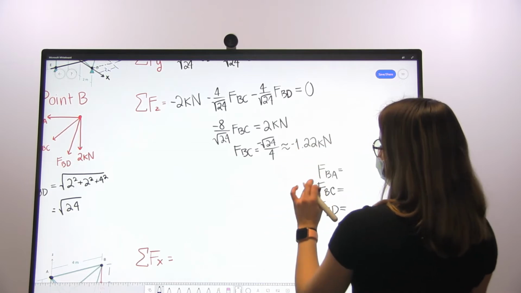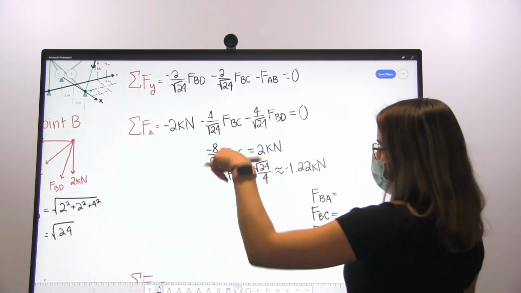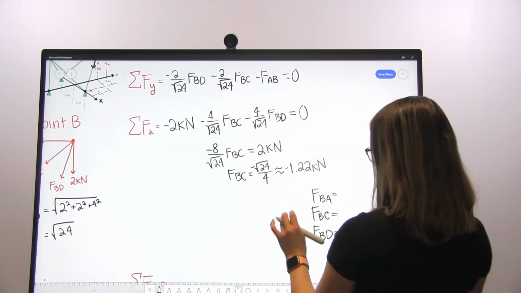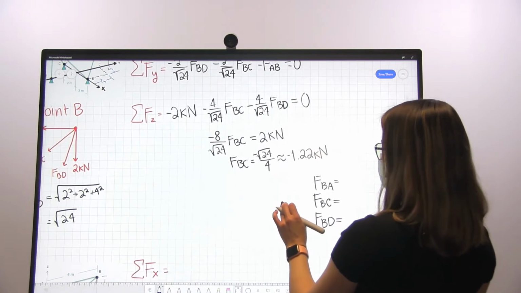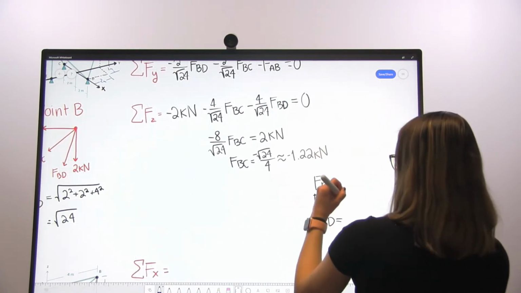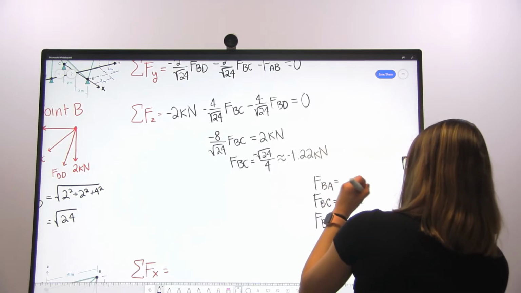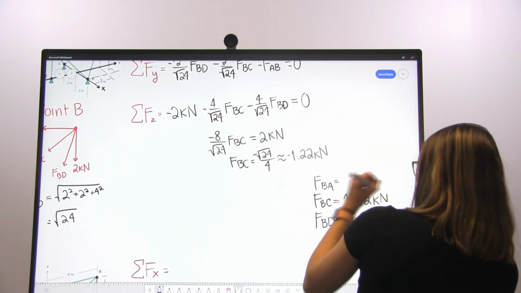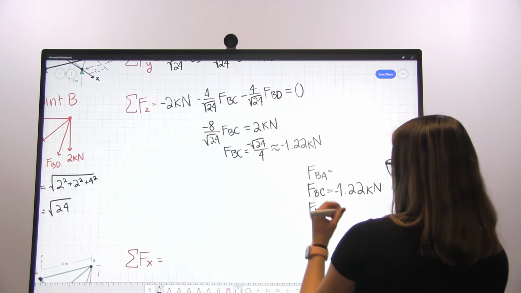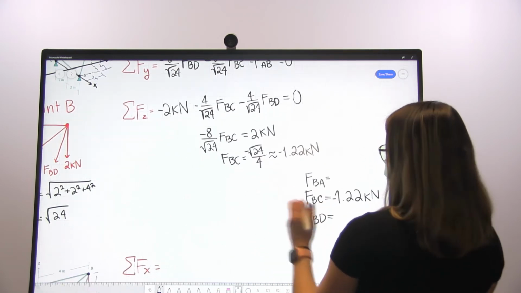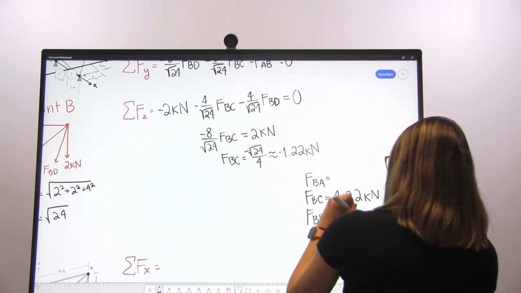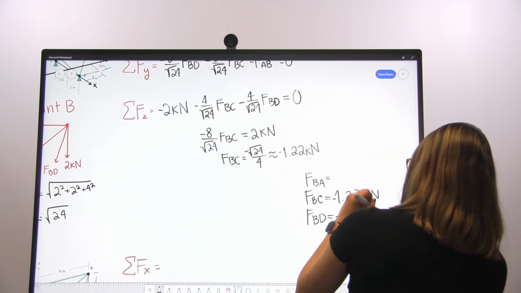Again, the negative just means it's pointing down as we defined in our coordinate system. We can go ahead and write down our results. And we know again FBC is equal to FBD, so we've solved for that one as well.